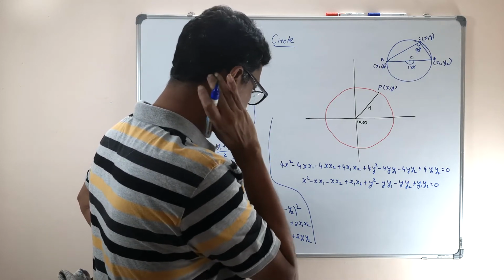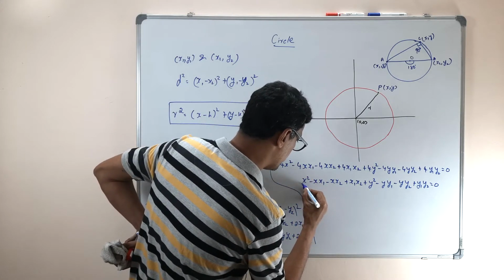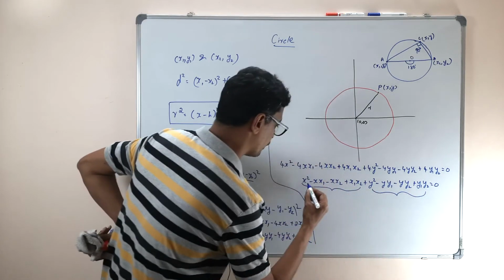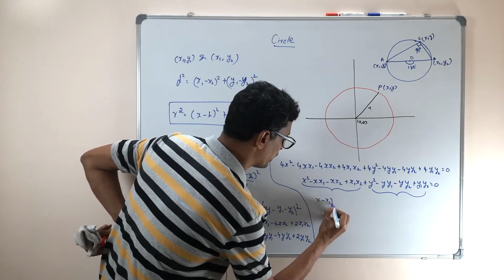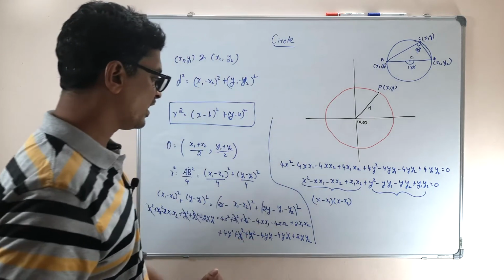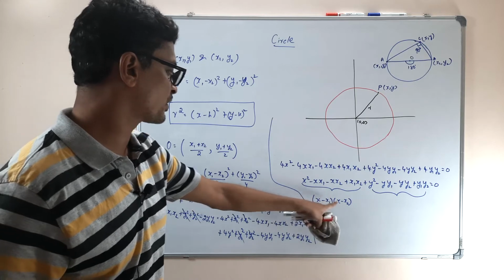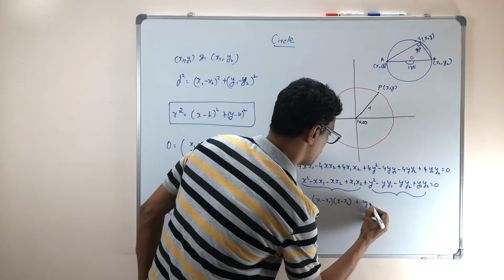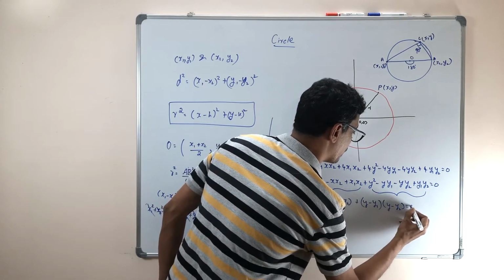Tell me. X and Y, see, these 3 you can factor, you know the factorization, right? You have done it in the earlier classes. So I can write this as x minus x1 into x minus x2. Am I right? Correct? Similarly this one will be y minus y1 into y minus y2 is equal to 0.